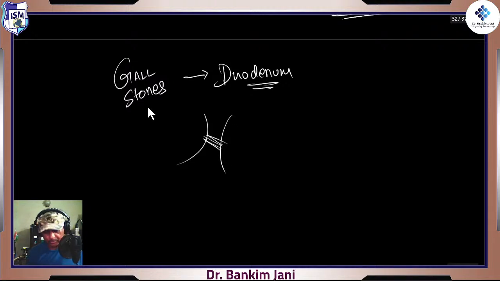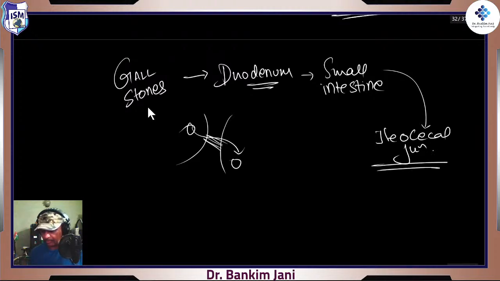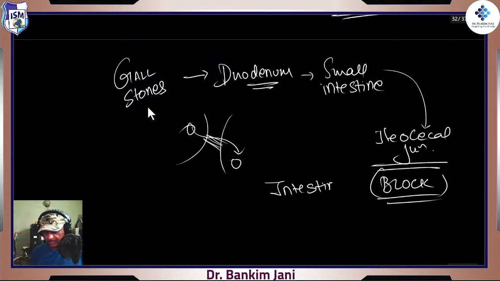Through that, the stone enters into the duodenum. From the duodenum, it starts traveling because there is no problem. It goes all the way through the intestines and reaches the ileocecal junction. It is this ileocecal junction where things are very narrow, right? It would block it, and that would lead to intestinal obstruction.